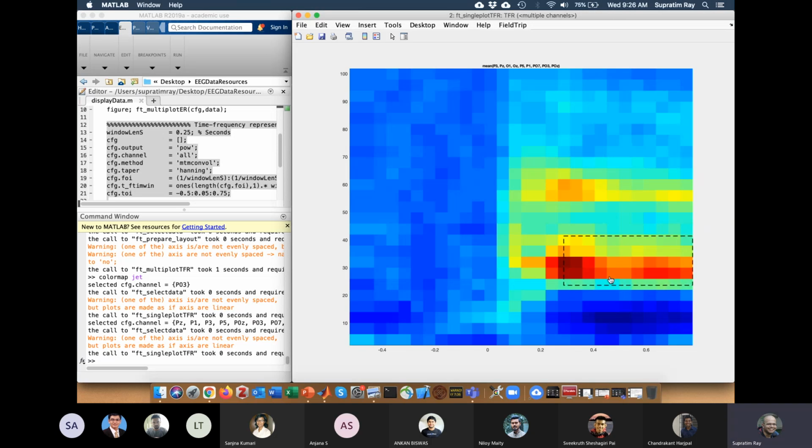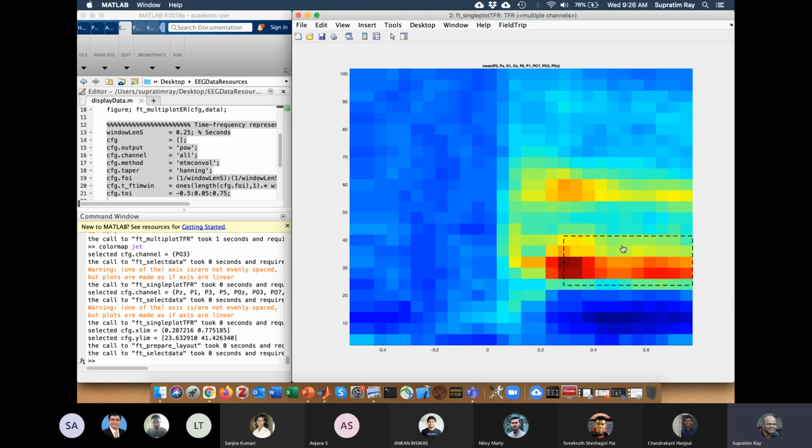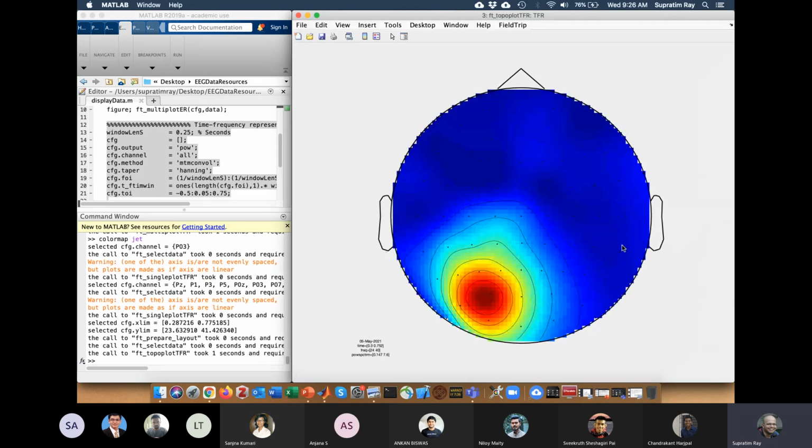So 250 to 750, and now show me what is called a topo plot, which is how much gamma power there is in different electrodes between this time period and this frequency. So now when I click on this, it produces this topo plot. Okay, and this is what tells you that the gamma is really localized, at least on the scalp distribution, on the left hand side.